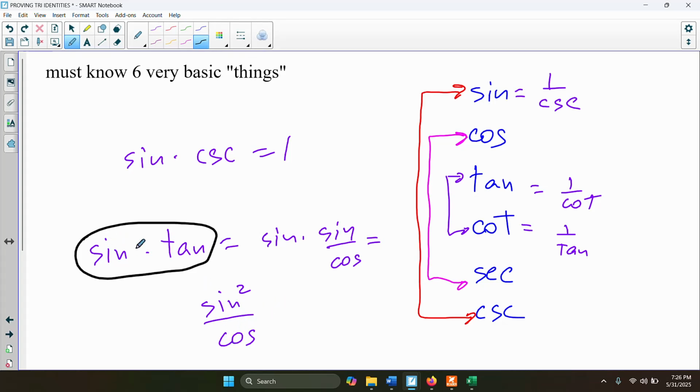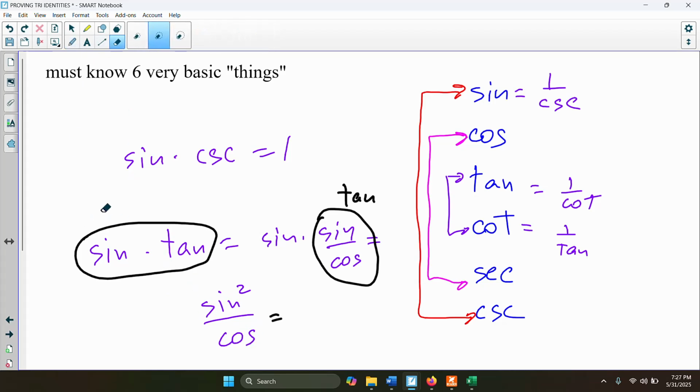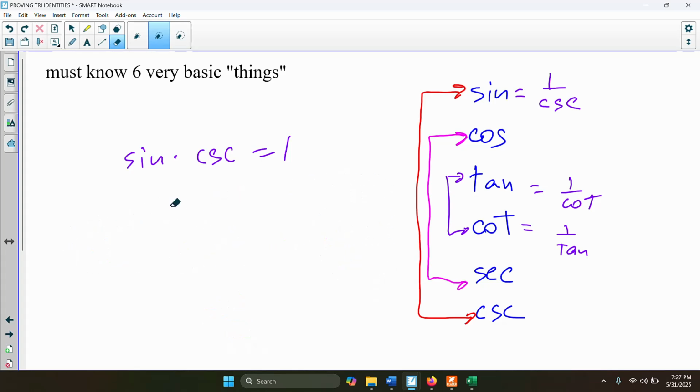Other times, I might have this and see that if I separate sine away, this part is tangent. Because it's an equation, you should be able to go back and forth. All right, let me erase this. That was not a really instructive example.